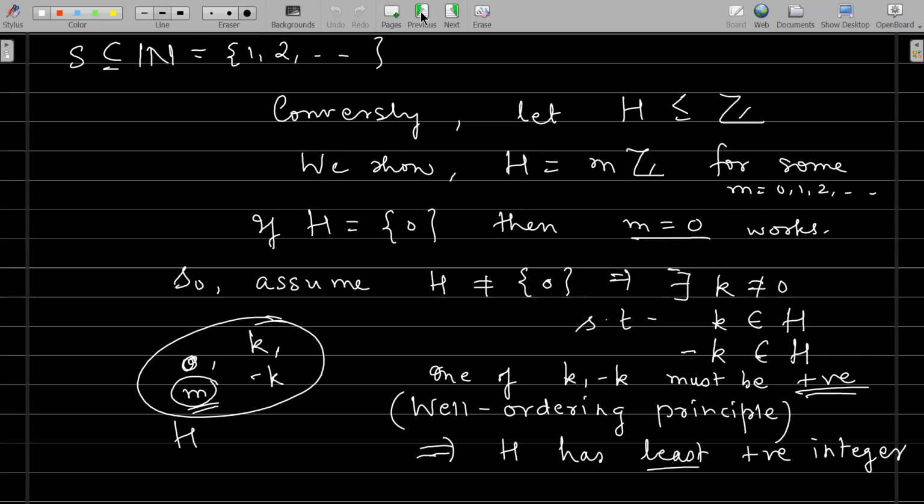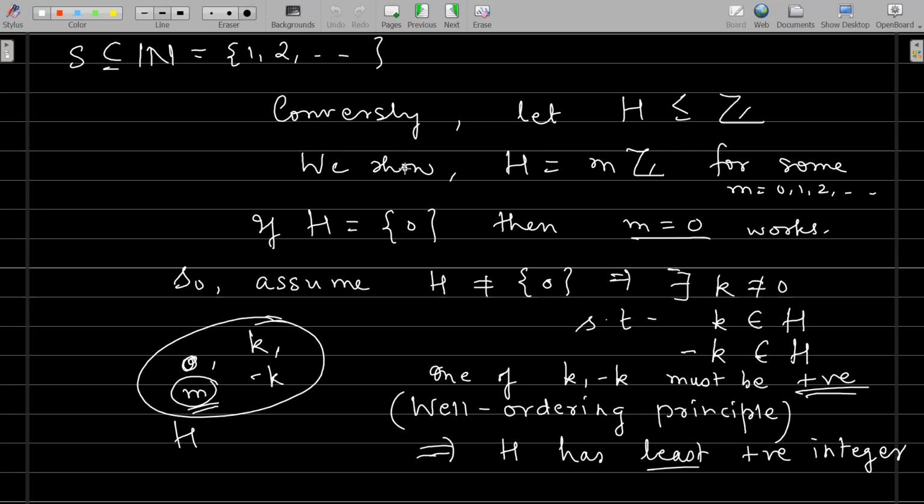But suppose K is negative, what will happen? Minus K is positive, and minus K again is inside H. So once K belongs to H, minus K belongs to H, and out of them, one must be positive. So very first thing, H must contain positive elements. It won't happen that H contains only negative elements.